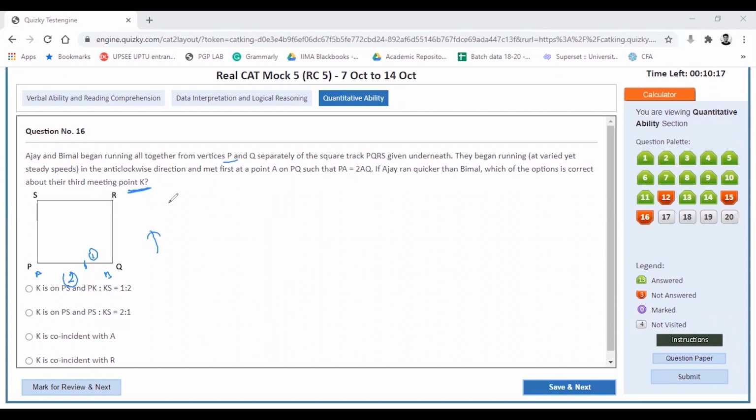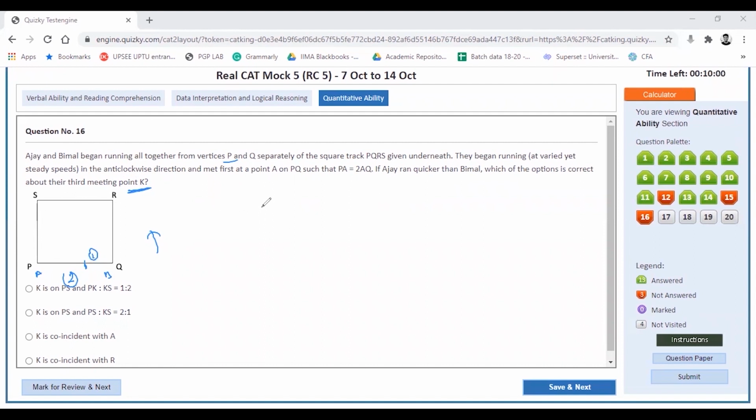All right, so the third meeting point is what we are interested in. Let us say they were running this way and they have been able to meet after some k rounds.